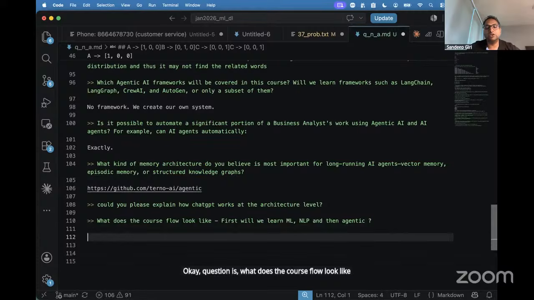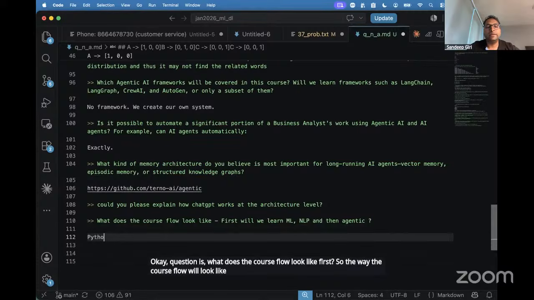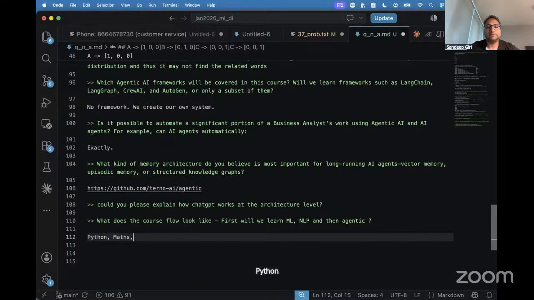Okay. Question is, what does the course flow look like? So the way the course flow will look like is that we'll start with Python, maths, and then from there, we will move on to building agentic AI systems. And then we will move on to machine learning and then deep learning.